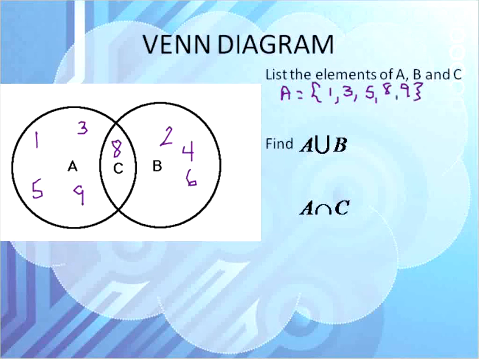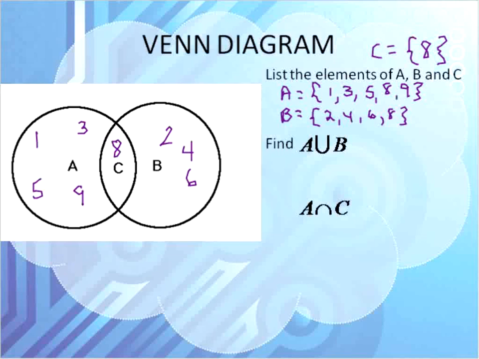So all of those elements are in circle A. Then all of the elements in circle B are 2, 4, 6, and 8. That's looking at circle B here. And then the elements for C, C is only this section where circles A and B overlap. So C is going to have the element 8.